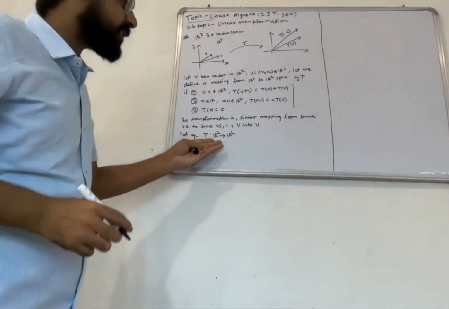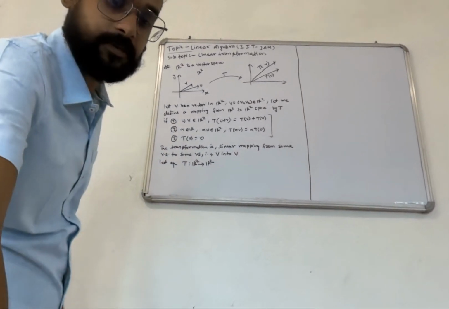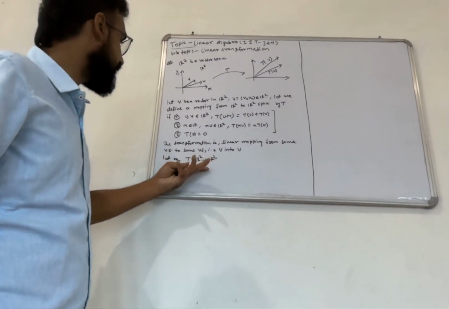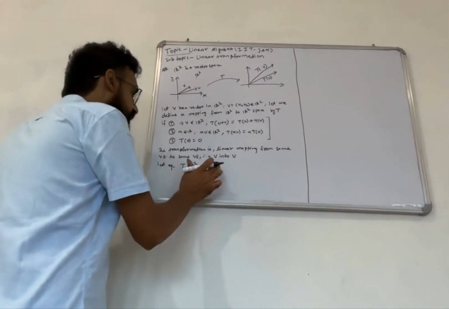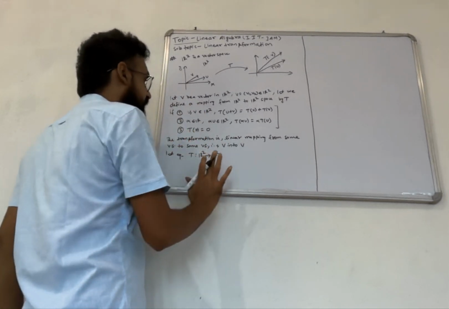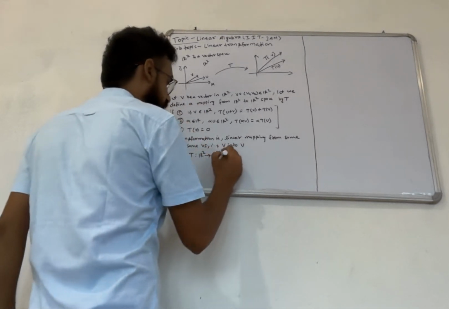We can say this is a linear transformation if this mapping satisfies these three conditions.